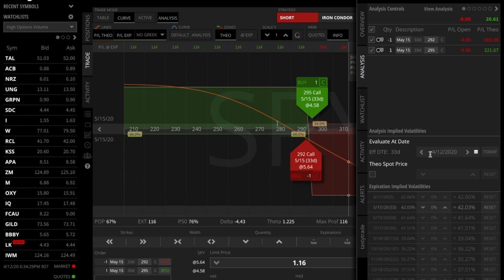What happens if we change the date and go forward in time? Let's say I choose the 29th of April. We would see that at 250, on the 29th of April, it will be 106 at the exact same price.